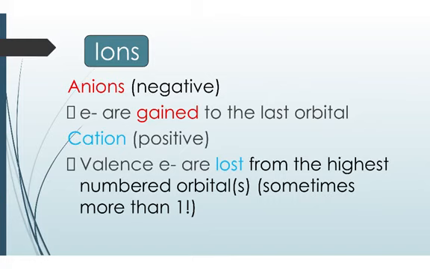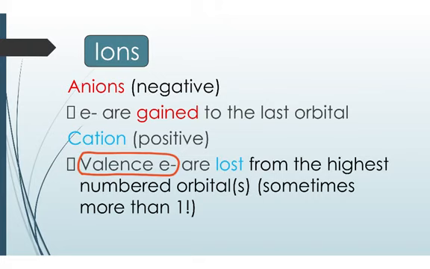All right, let's finish off with 2 last ideas. The first one is ions. So ions, remember, there are 2 types. We have our anions, which are negative, and this is when electrons have been gained. We're going to add those extra electrons to the last orbital where there's space, so that makes sense. The cations are my positive ions. These are my valence electrons, which are going to be lost.